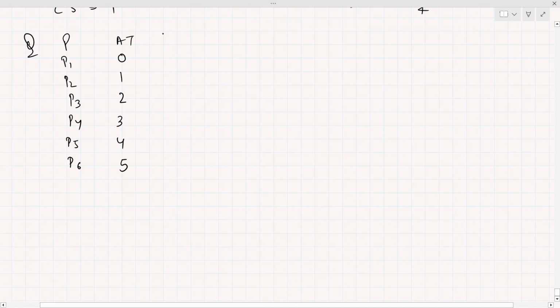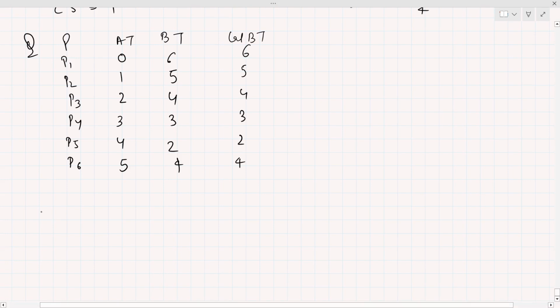And the burst times are 6, 5, 5, 4, 3, 2, 4. What you have to do is find the average TAT and average waiting time. So how can you do that? This is a non-preemptive process. So you have to make a separate column for the burst time calculation: 6, 5, 4, 3, 2, 4.